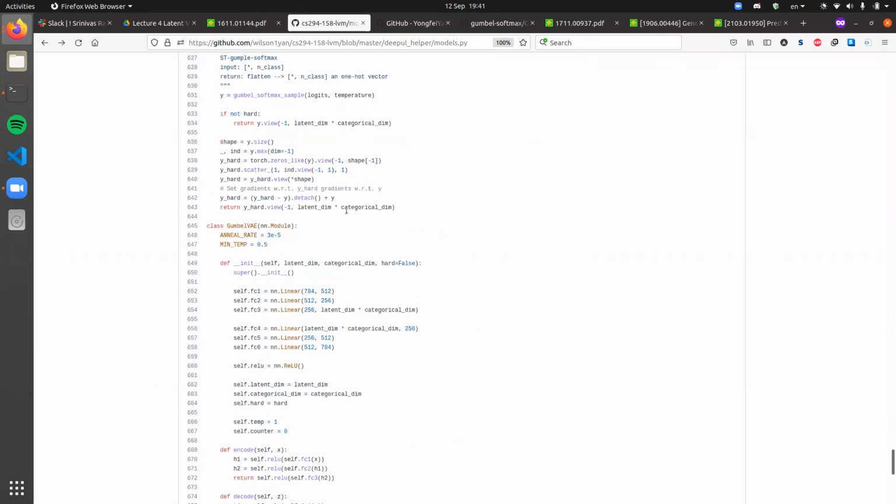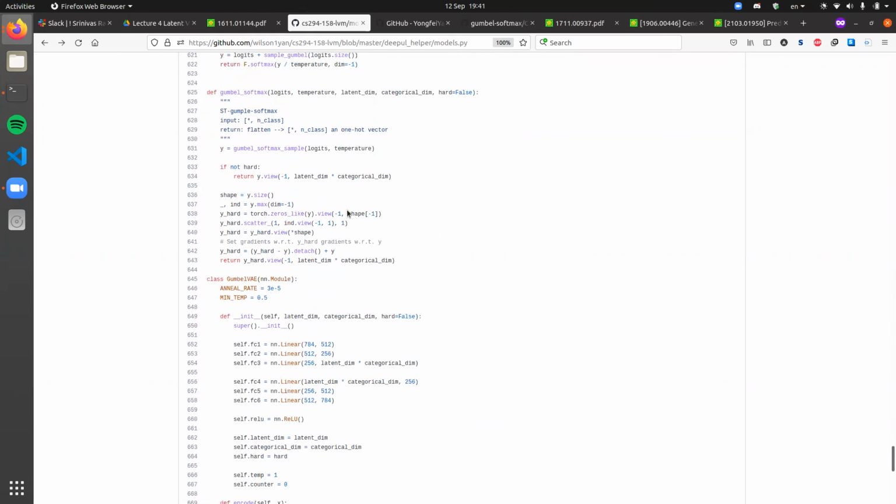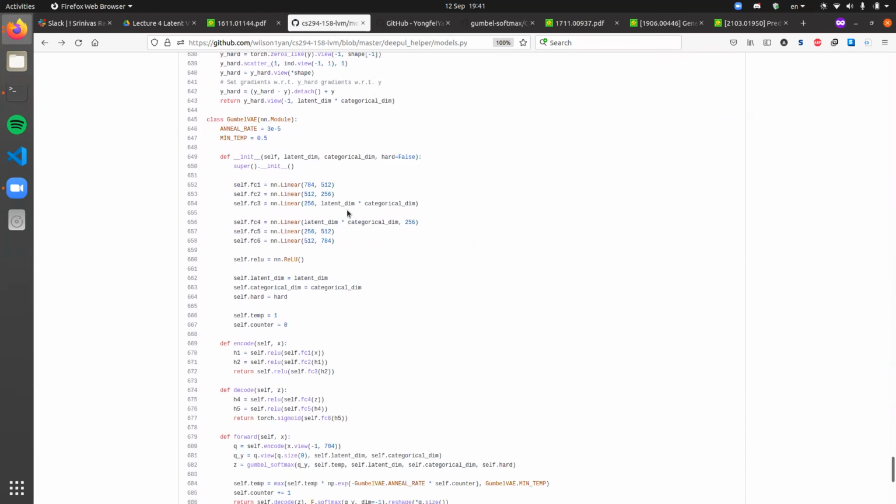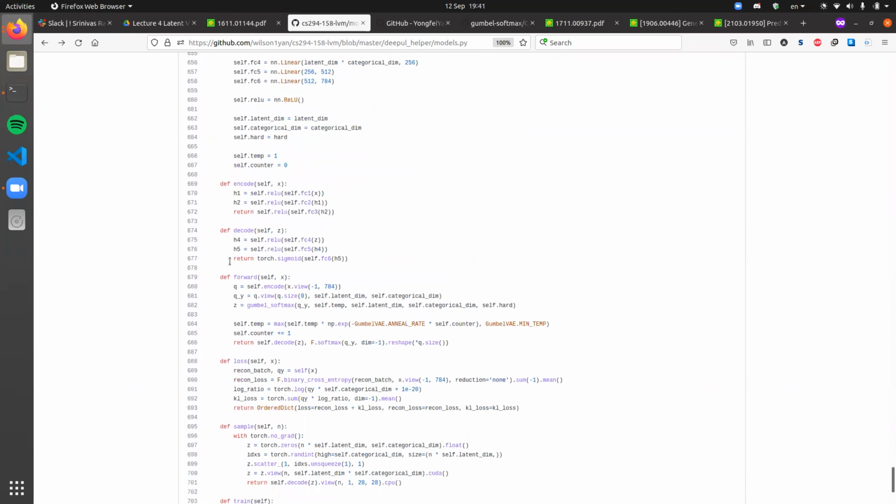There is an implementation of Gumbel VAE, but essentially you can think of it as an alternative to the reparameterization trick for categorical distributions. And you can see that again, you should do some kind of engineering here to make it work. So they have some annealing schedule for the temperature.